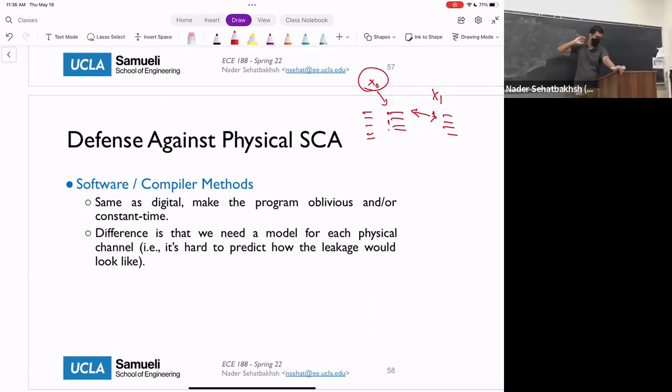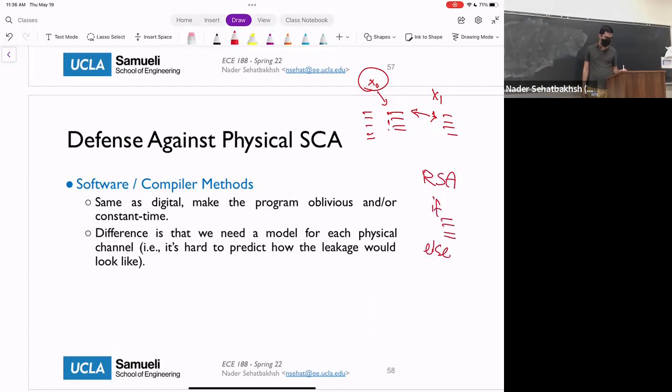Similar to what we talked about with cache side channels, where we said you can generally do the same thing. The idea here is that when you're writing your program, maybe your RSA program, if you have an if-then-else, whatever you do, either the if or the else, you always run the same set of instructions.